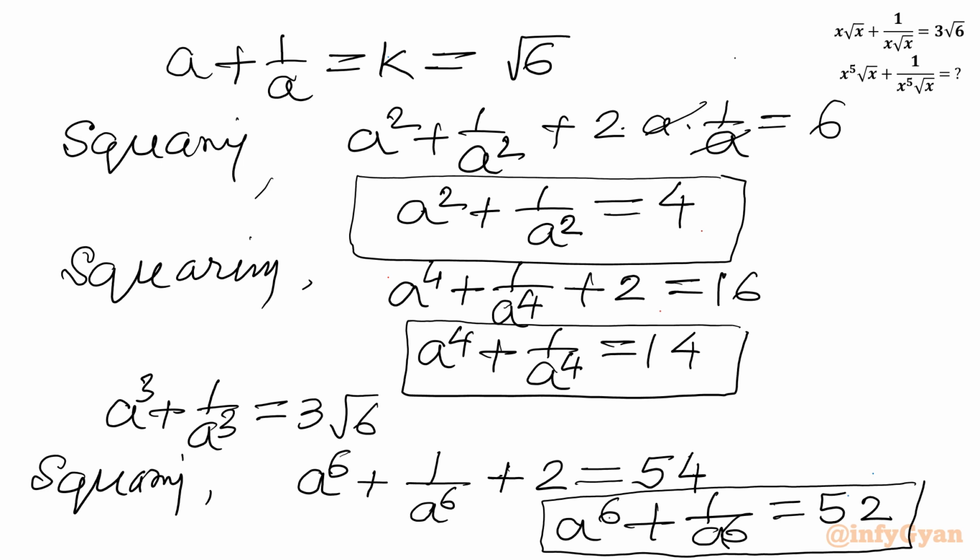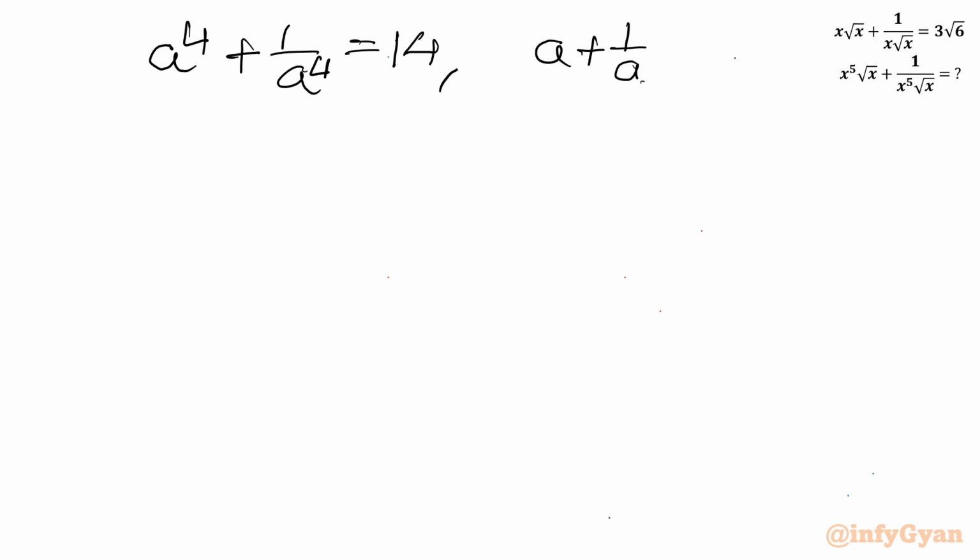Now I will utilize this information, these equations for our calculation. It was a power 11 plus 1 over a power 11. How it would be? I will multiply a power 4 plus 1 over a power 4, this value was 14, and a plus 1 over a, we calculated root 6.